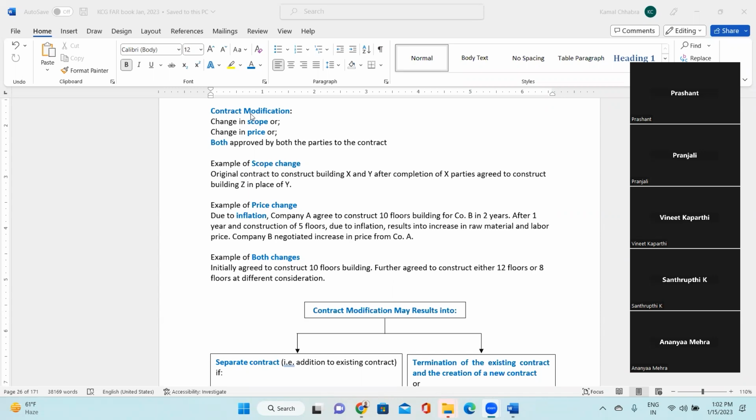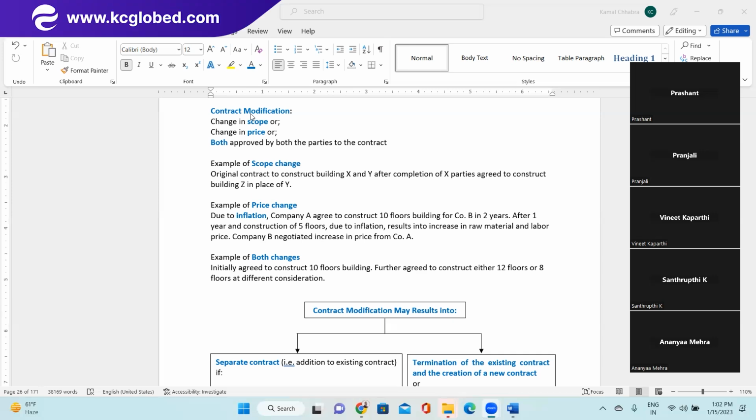But in the afternoon, you got to know that you have 30 Lenovo laptops of the same configuration and 20 HP laptops. Then you call me, sir, I have 30 Lenovo laptops and 20 HP laptops. Shall I deliver the same instead of all 50 Lenovo laptops? If I say yes, then there is a change in scope. The product has changed, but the price remains the same. Then also it will be considered a contract modification.